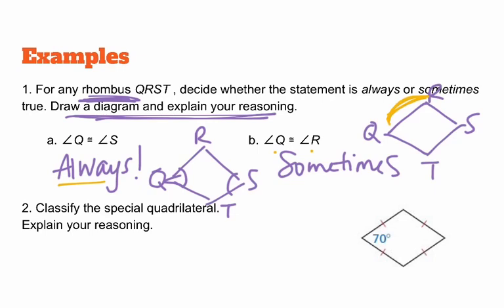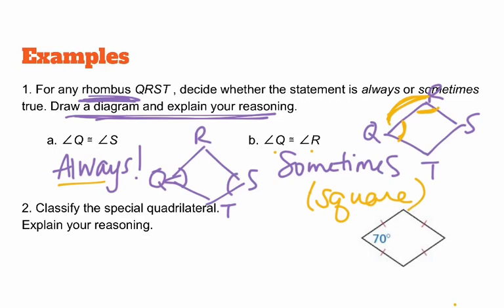When is the only case, think about it, that a rhombus would have these two angles in a row be congruent to one another? It is the only case when it is a square. So I'm going to write that down. It's sometimes true when it's a square because both of those would have to be 90 degrees.